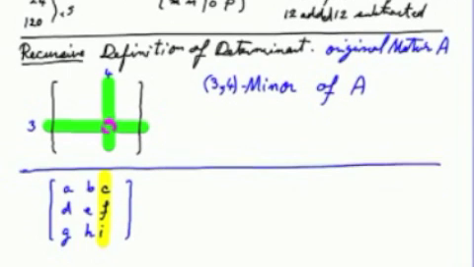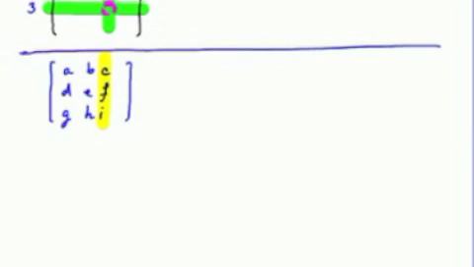Okay, now what do I do? I'm going to target each of these elements. First, I'm going to make the minor attached to this C. So I'm going to exclude that column as well as this row. Let's remember, this is row 1, 2, 3, column 1, 2, 3.